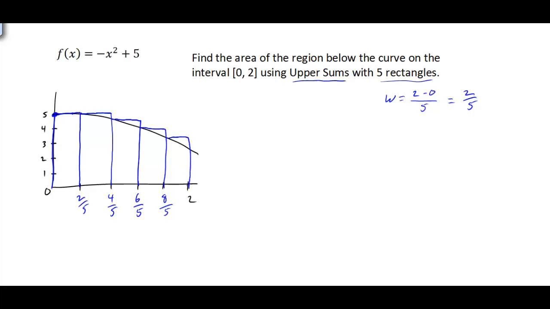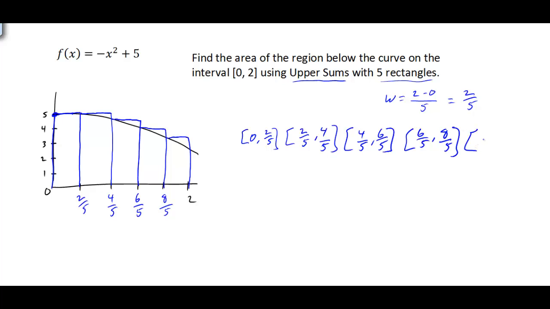So if you notice, once again, we still have 1, 2, 3, 4, 5 rectangles, and we're still using the same 0 to 2/5 and 2/5 to 4/5, and from 4/5 to 6/5, and from 6/5 to 8/5, and from 8/5 to 2.